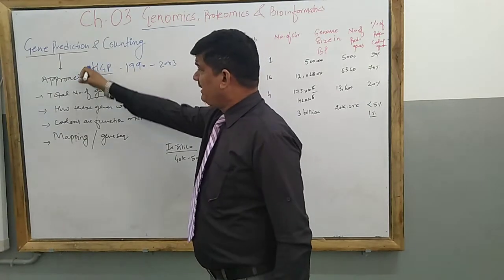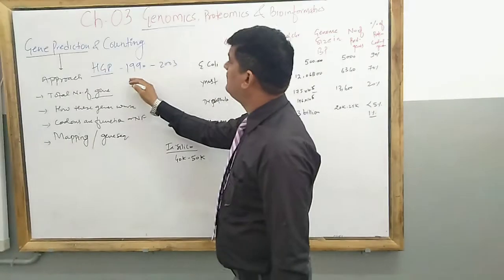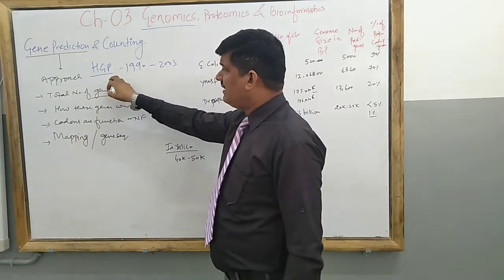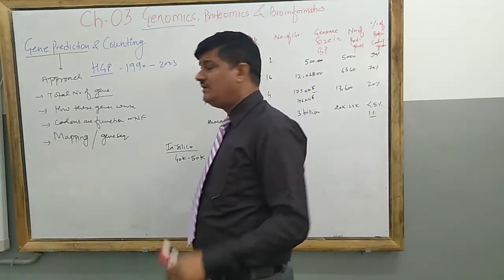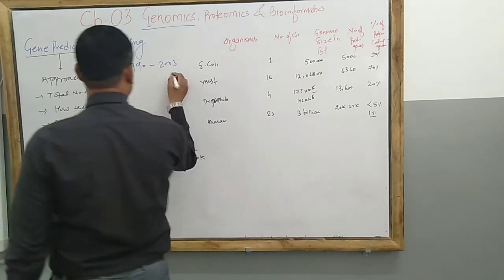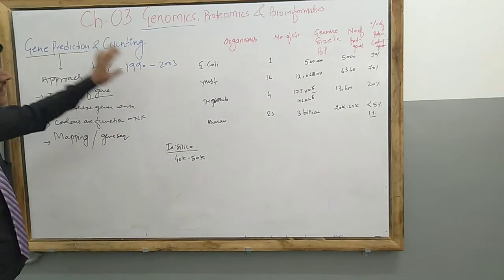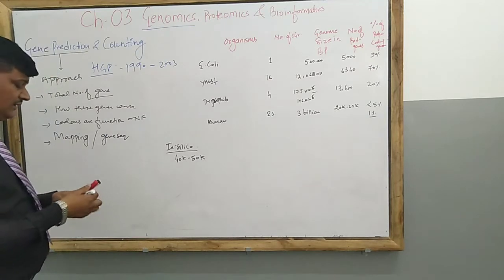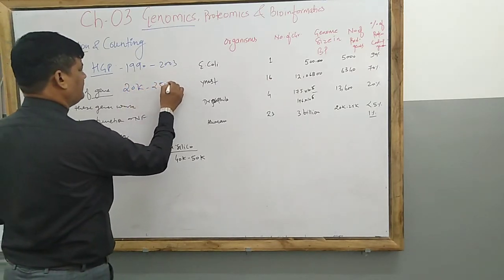According to this Human Genome Project, we can tell exactly that there are about 3 billion base pairs in the human body, but out of that, the known functional genes number 20,000 to 25,000.